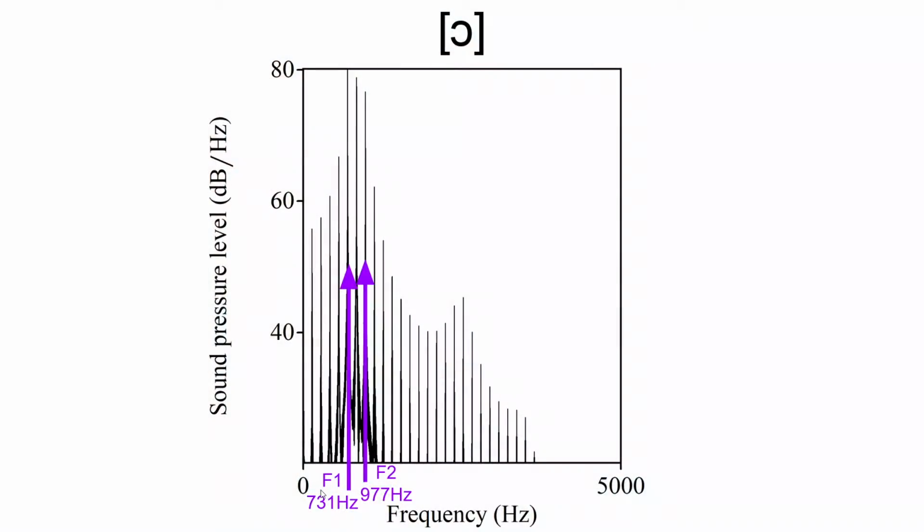And so here's an example of O, that open O sound, where the first two formants, this was artificially generated, so I happen to know that the first two formants were at 731 hertz and about 977 hertz.